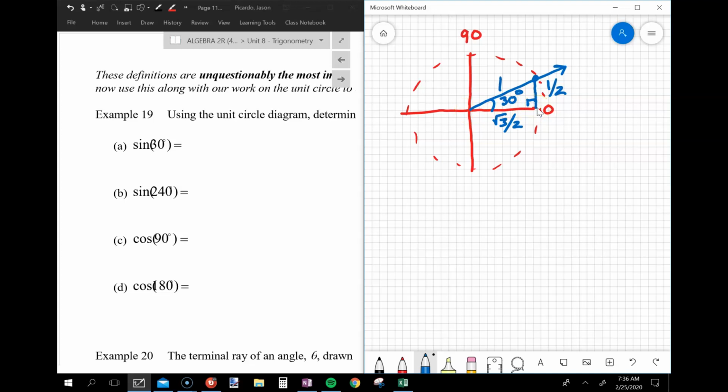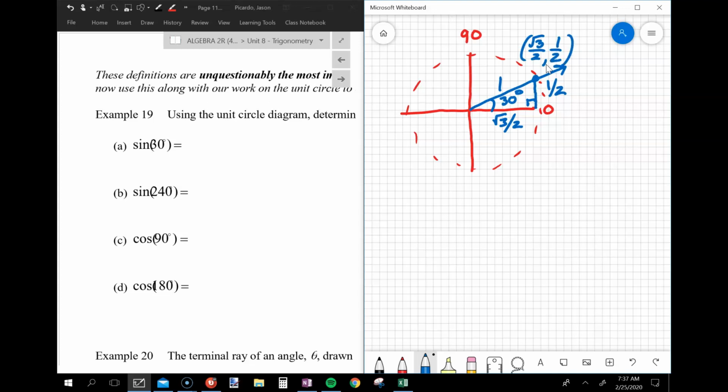How far do I go to the right? This far, right? Then I go up. How far do I go up? Half a unit. Now, because I went to the right and up, those were both positive directions, correct? So this point here is the point radical 3 over 2, comma, 1/2.